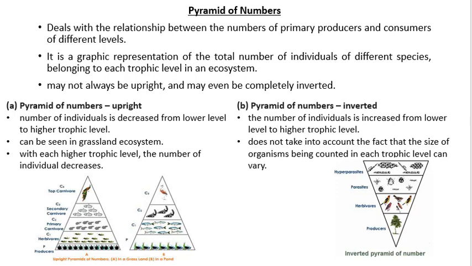Under the inverted pyramid of numbers, the number of individuals increases from lower level to higher trophic level. The pyramid of numbers does not take into account the fact that the size of organisms being counted in each trophic level can vary.